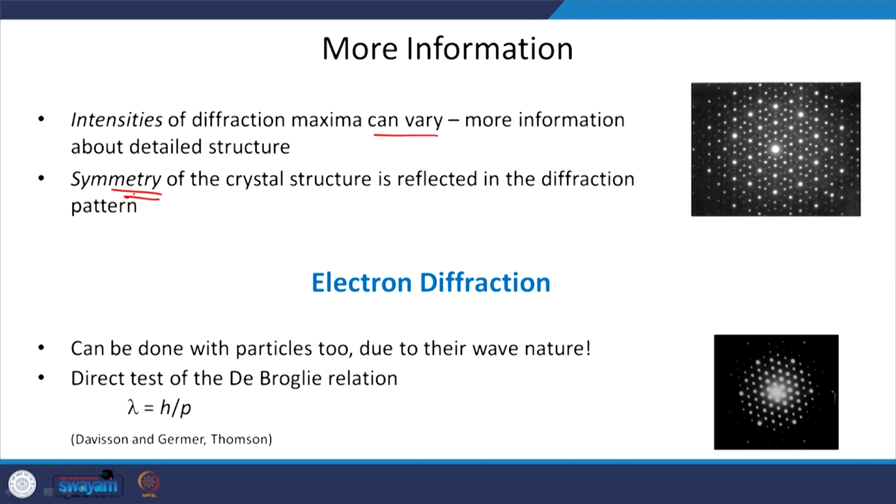Similarly, you can have electron diffraction. Diffraction can be done with particles too, due to their inherent wave nature, with the de Broglie waves, and this is a direct test of the de Broglie relation. It was done by Davisson and Germer and G.P. Thomson, which showed that the electron is a wave.